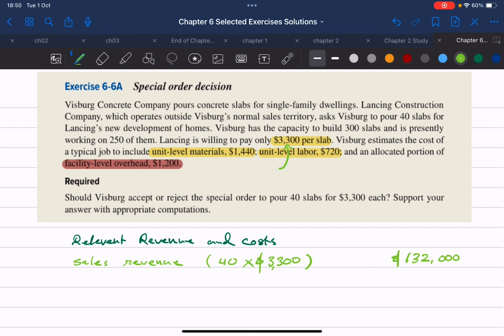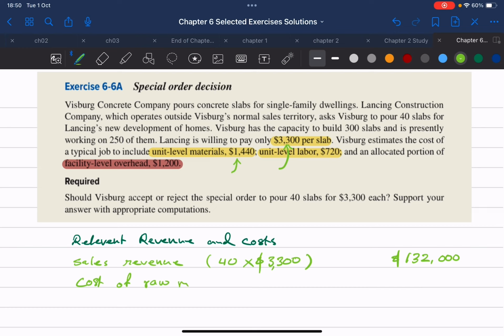Next, the cost of raw materials, which is this one. Costs of raw materials that we're gonna incur on top of our current raw materials cost if we produce those 40 extra slabs of concrete.